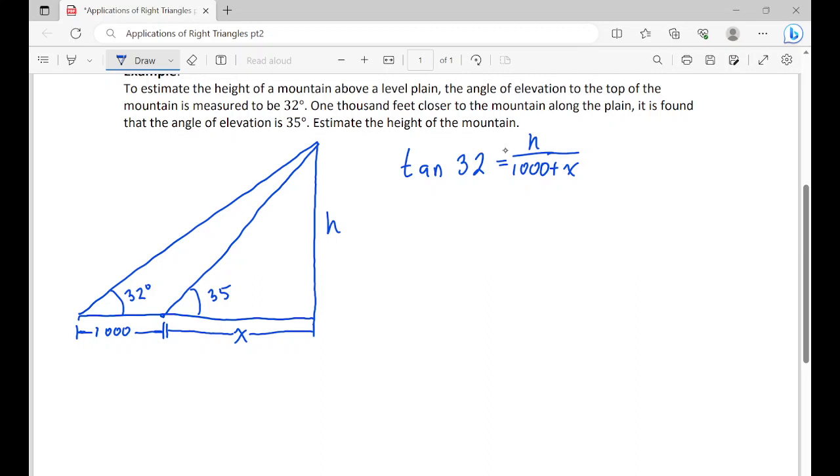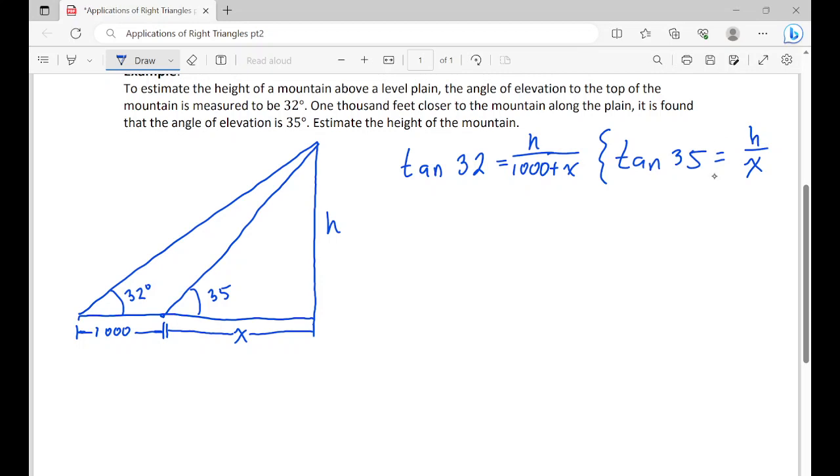Now, I'm not going to be able to solve for a height because I have two unknowns, height and x. So what can I do? I've got to go with what else I know, which is right here. I do know that tangent of 35 is just going to be the height over x. So tangent of 35 is equal to h over x.